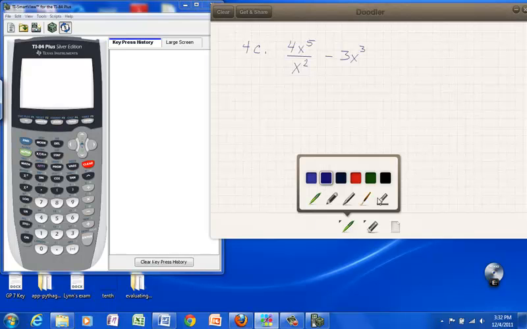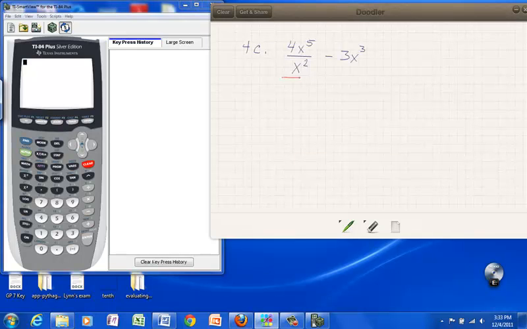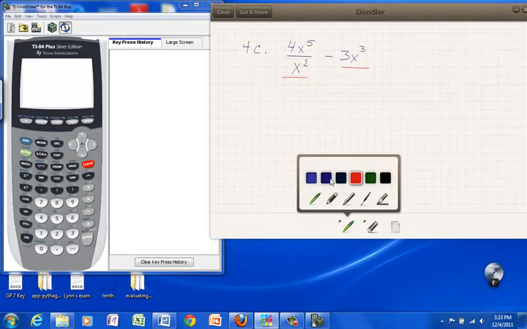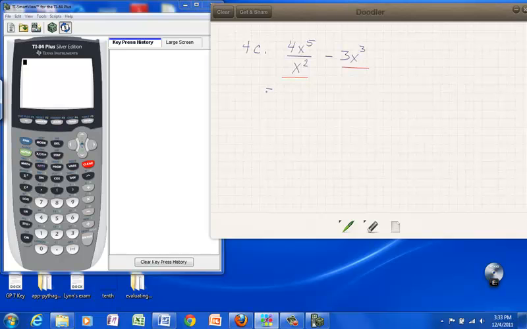Now this expression has two terms that we need to simplify. So my first step again is to write it in expanded form. X to the 5th is the same as x multiplied by itself 5 times, x squared, and x cubed.